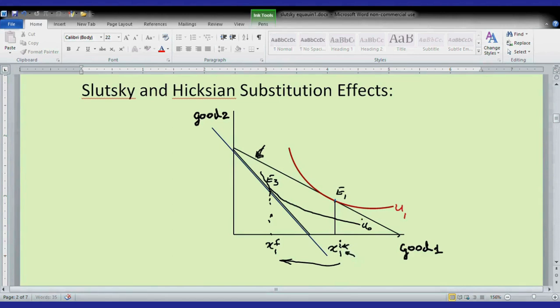Then suppose that everything is constant, price of good 1 increases, so that the budget constraint swivels inward with vertical intercept the same, horizontal intercept shrinking because of the increase in price of good 1, and along this second budget constraint, one of the indifference curves is tangent at point E3, and with respect to this new tangency point we define the final outcome of this increase in price, which is x1f.